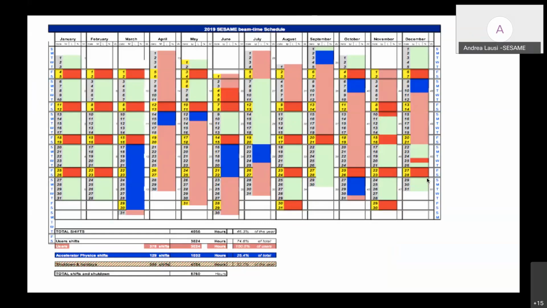The young machine, we still have things to be installed, like at the beginning of last year, there was the wiggler. Then from time to time we have also some other things that have to be put into operation, and so you have meantime in blue and shutdowns in green.